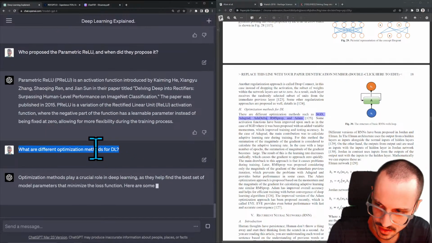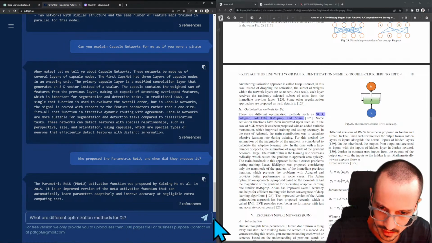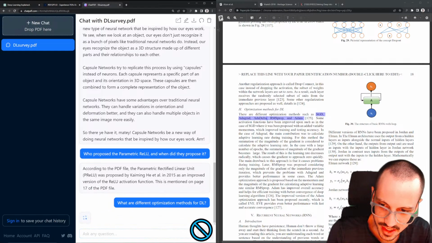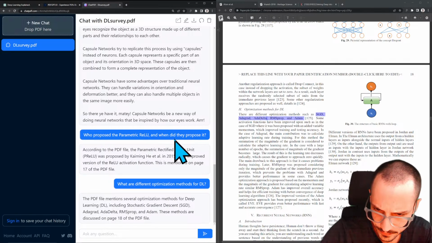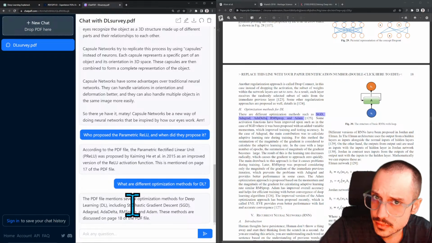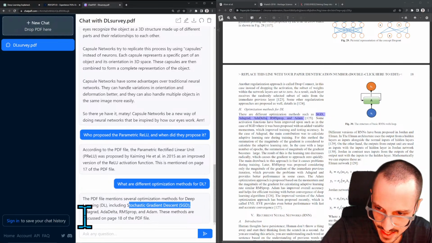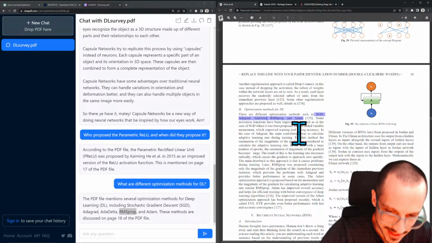It's probably going to give us actually a better answer, but if we put it into these two, ChatPDF and PDF-GPT, I bet it's going to give us this exact set of 5. Yeah, so ChatPDF does deep stochastic gradient descent, SGD, AdaGrad, AdaDelta, RMSProp, and Adam, which is these exact 5 and in that exact order.